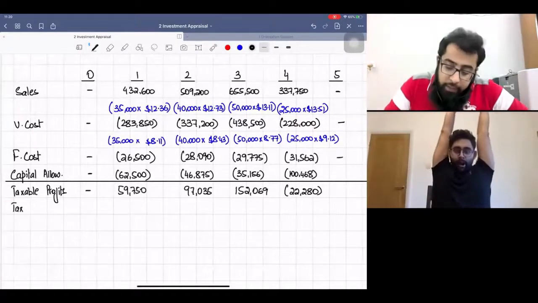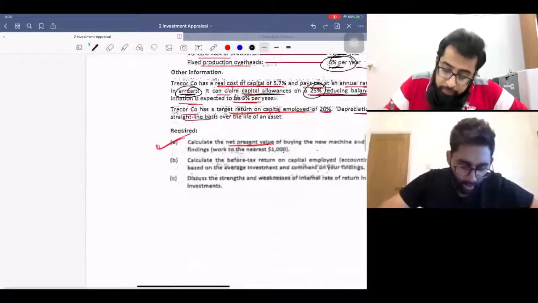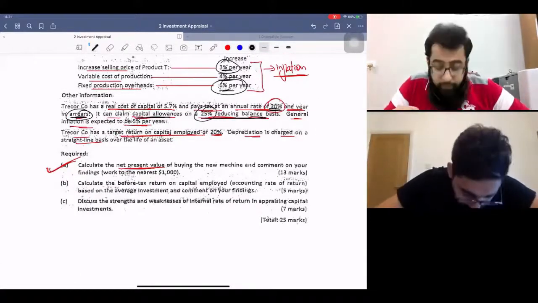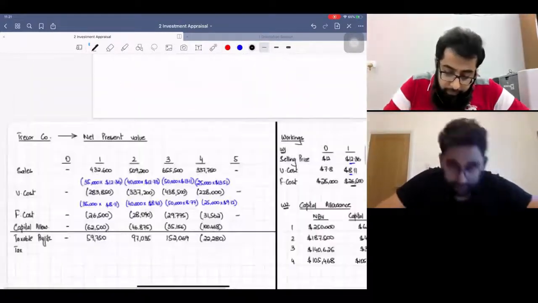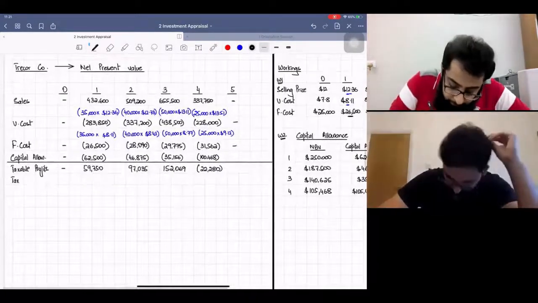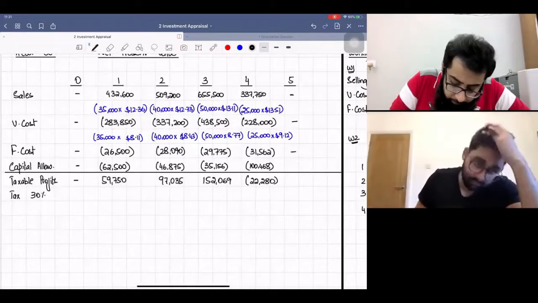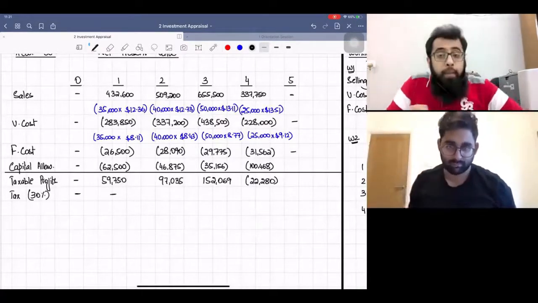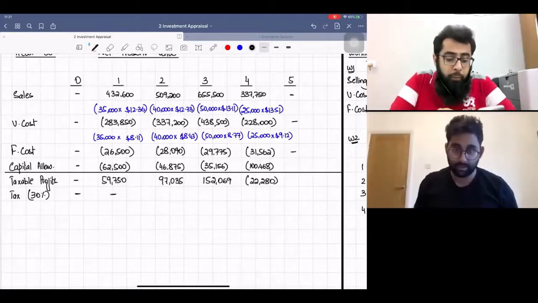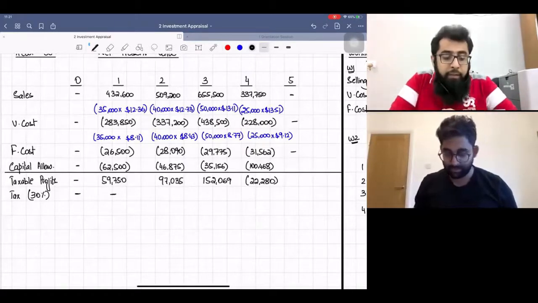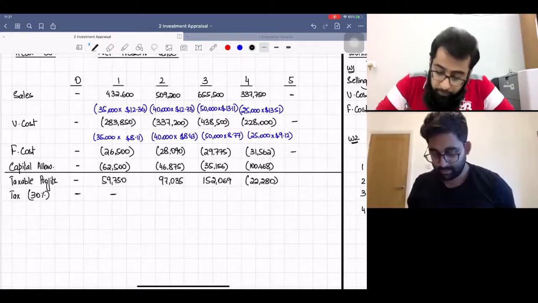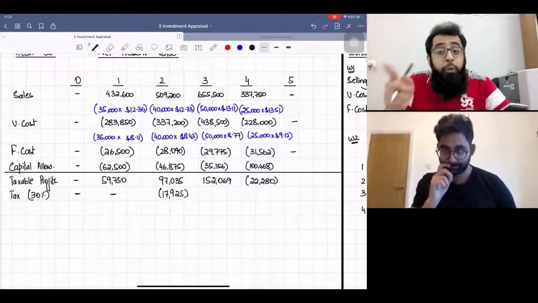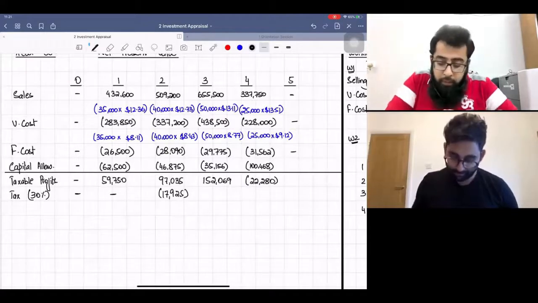Now what is the tax percentage? The tax percentage is 30% and it is 1 year in arrears. Okay. So let's charge tax. No tax in year 0 and no tax in year 1, because it's 1 year in arrears. 59750 into 0.3 is 17,925. So it will appear in year 2, because it will be paid 1 year in arrears.